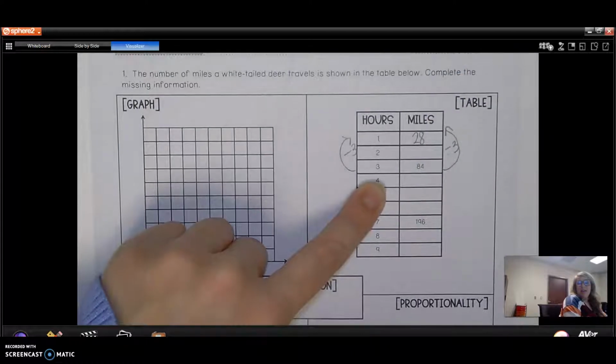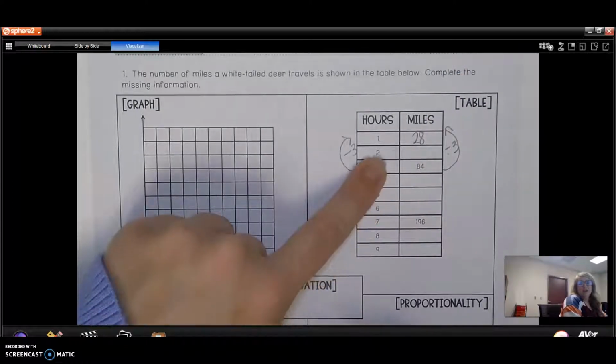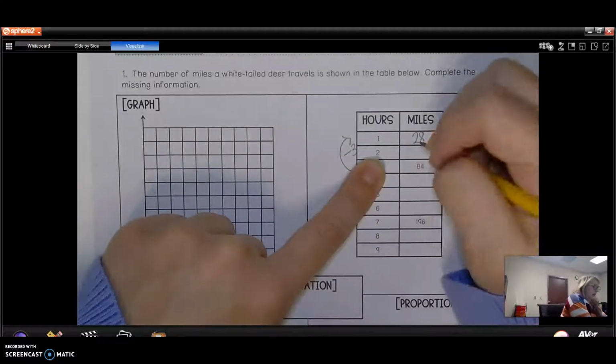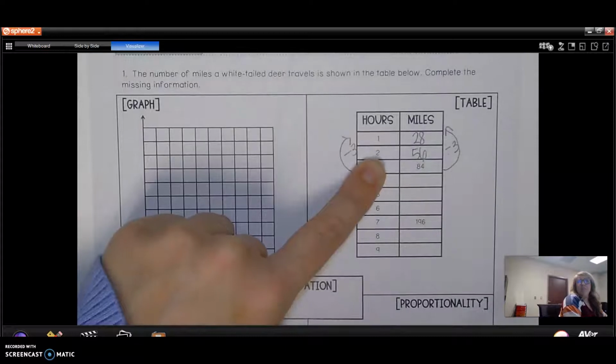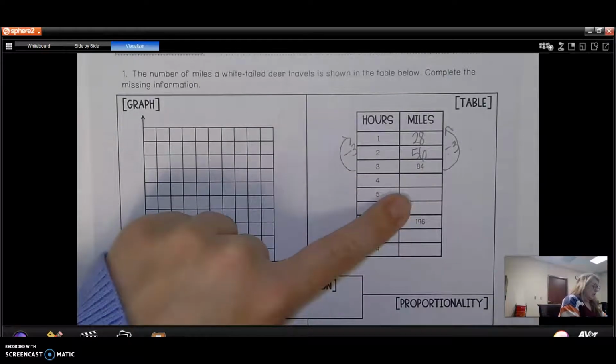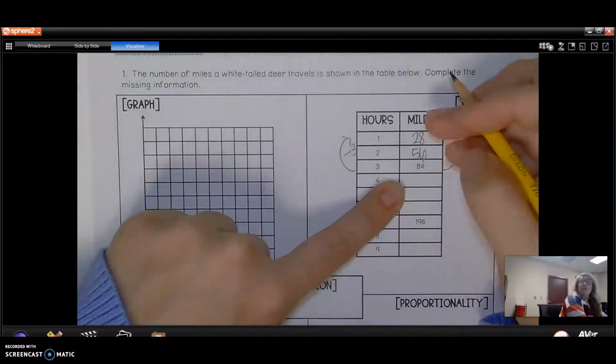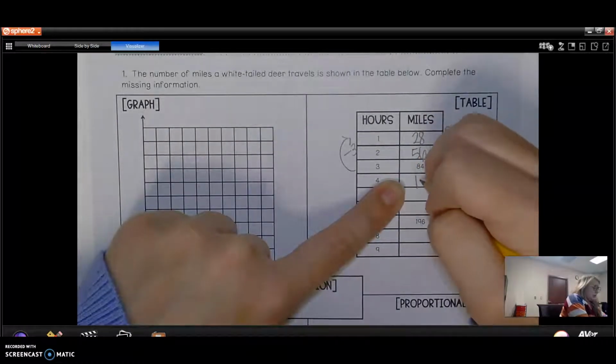And once I get there, I can pretty easily figure out what 2 is. I'm just going to double 28. So in 2 hours, I can travel 56 miles. Okay, so I'm adding 28 every time is what it seems like right now. So 84 plus 28 is going to be 112.